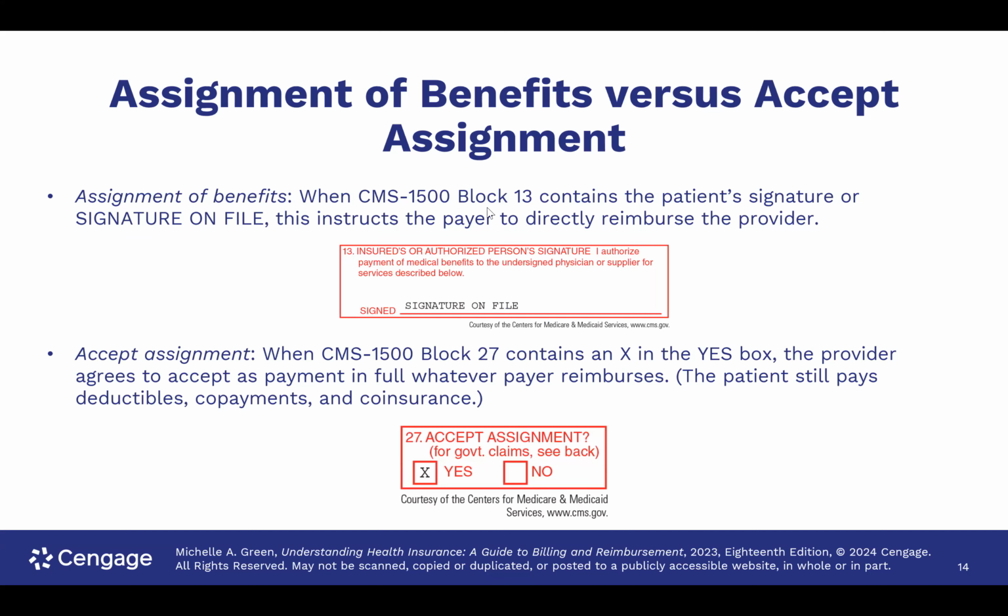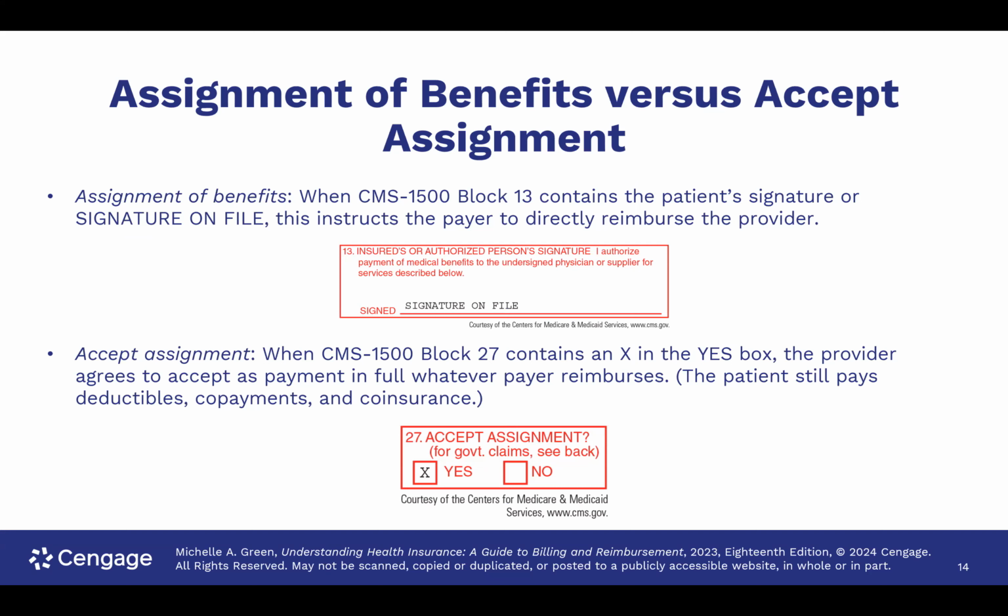We talked about assignments of benefits, and this is in block, or as some people refer to it, field 13, and this has a signature. So either the signature is on file typically, and so what this is telling the payer, in this case CMS, is to directly reimburse the provider. When we accept an assignment, that's a little different.